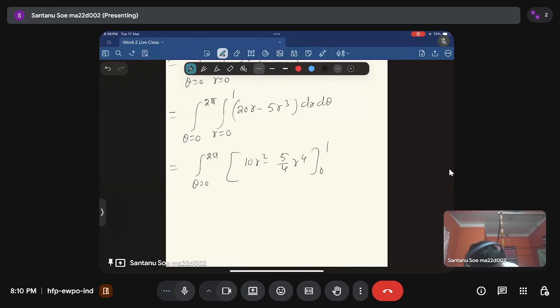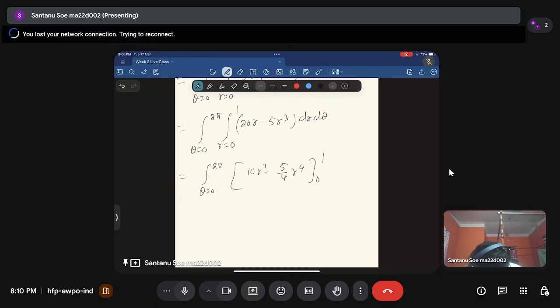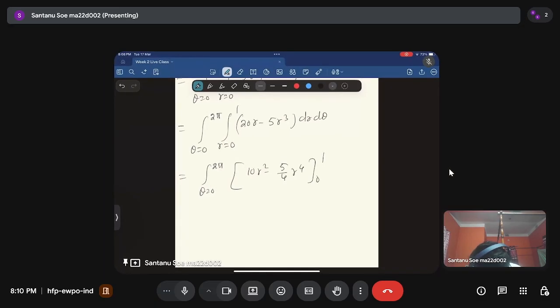This is z, this is x, this is y. So this is the paraboloid, and inside the cylinder x square plus y square equals 1.